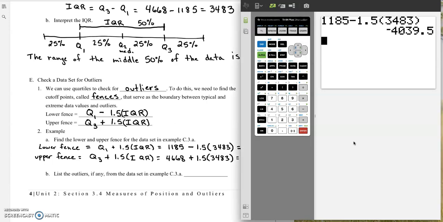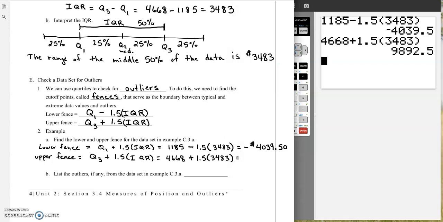If we do that, we get 4,668 plus 1.5 times 3,483. And that is $9,892.50.